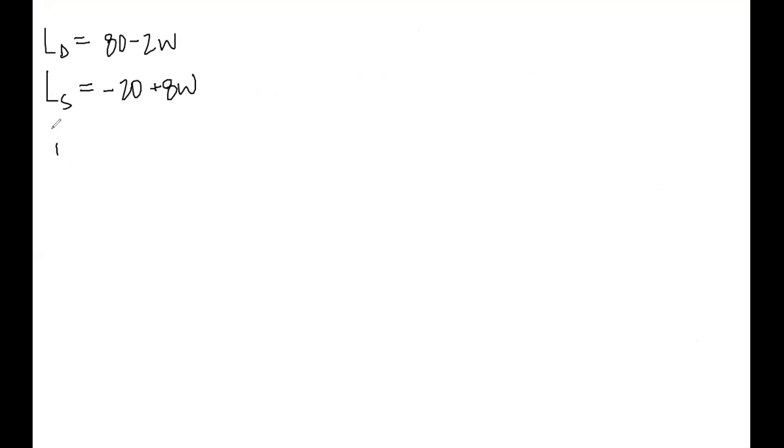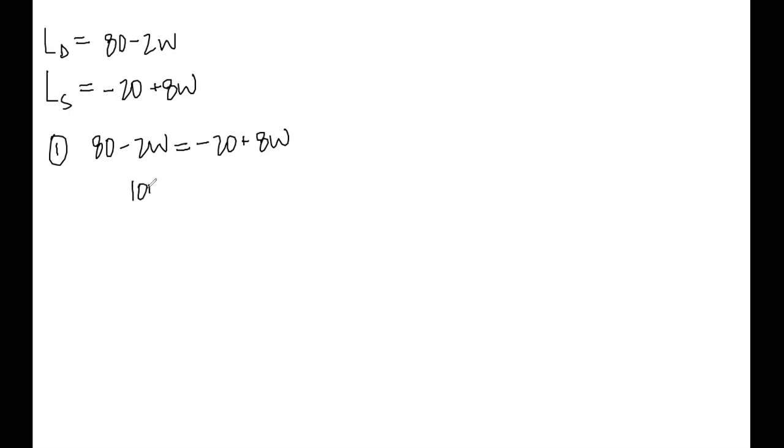So number one, finding equilibrium. Remember, in equilibrium, labor supply equals labor demand. So we can just set these two equations equal to each other and then solve for the respective variables. So 80 minus 2W equals negative 20 plus 8W.